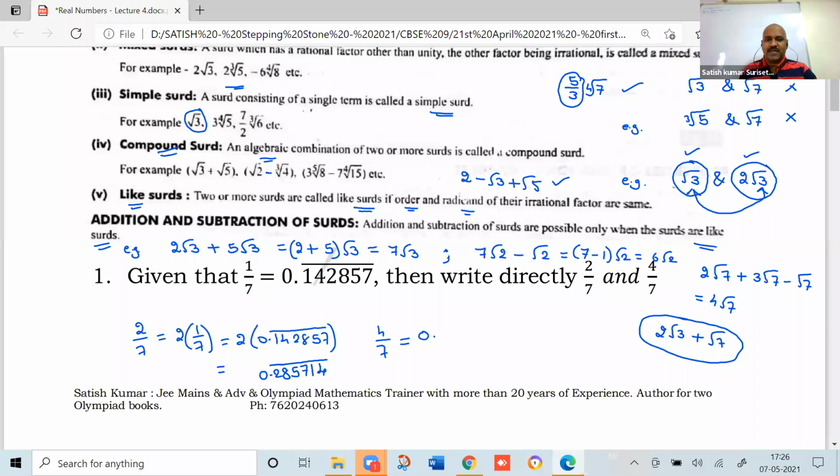So will you get 0 point again? 0.571428. Now, is it the same? Remaining all of you? Yes, sir. Correct. Good.